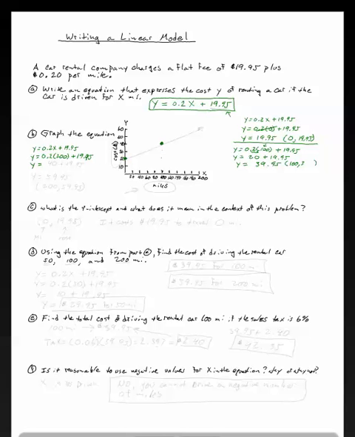That's going to give you 40. 40 plus 19.95 is 59.95. So when x equals 200, y is 59.95. And for graphing purposes, we'll just treat that as 60. So we go to x is 200, and then we go up to y is 60. That gives us 3 points, so we can graph a nice straight line.